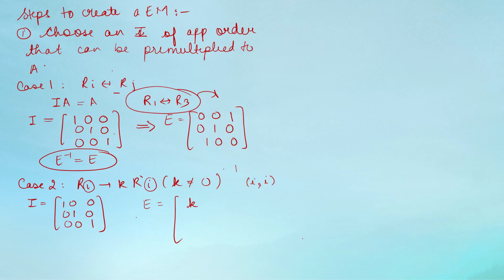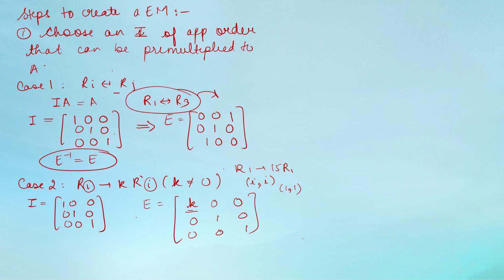Let's say for an example, we take R1 gives 15 R1. So they just replace this K by 15, but I'm just giving an example, and you place it at 1 comma 1. So at 1 comma 1 we have K, 0 1 0, 0 0 1. So this will be our elementary matrix.